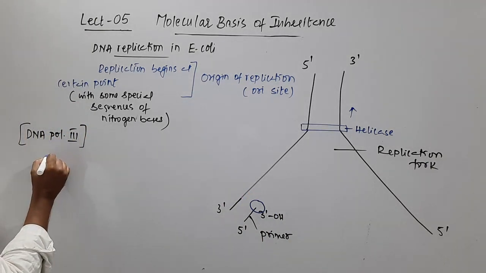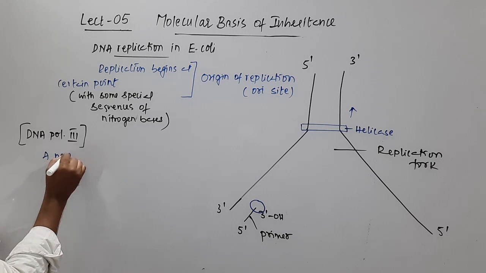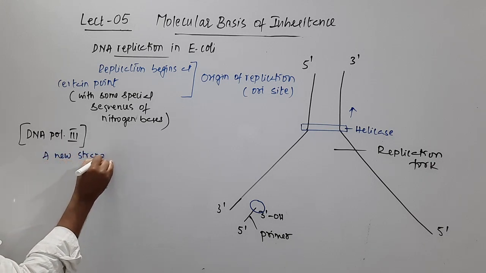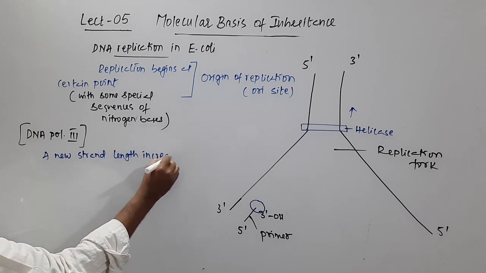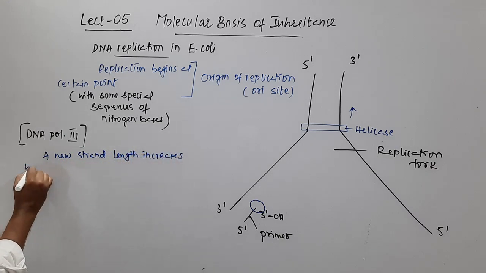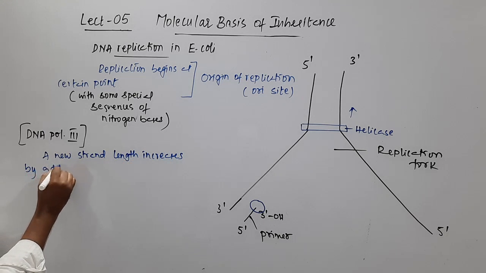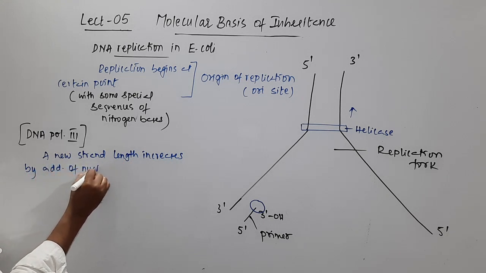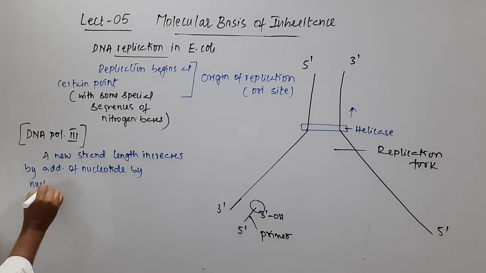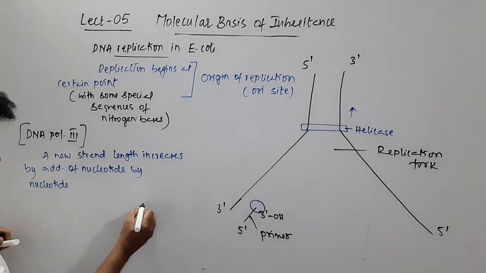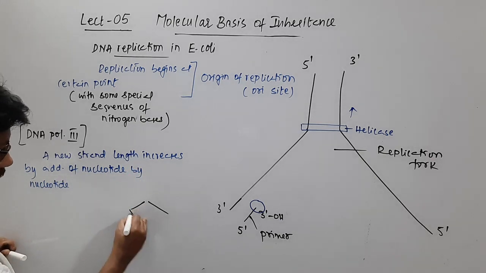So you have to keep in mind that the new strand's length increases by addition of nucleotide by nucleotide. One by one nucleotide will get added. We know how the nucleotide looks.